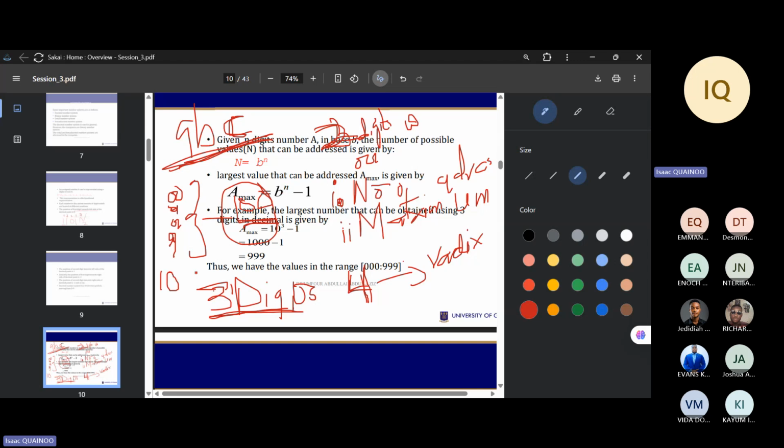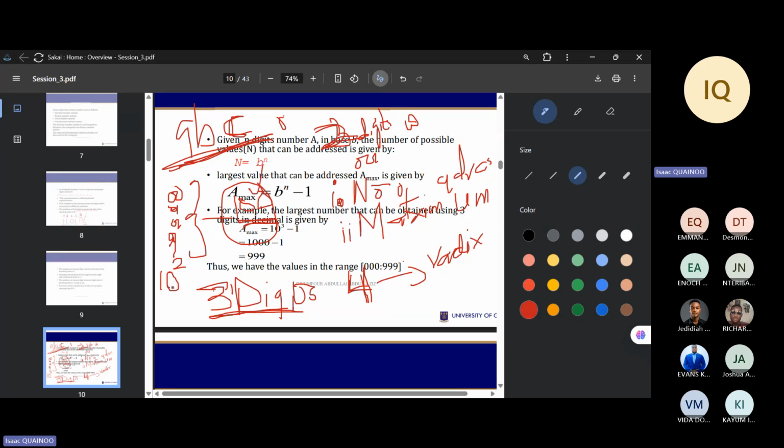The number of digits here is 2, which means it can be 00, 01, but the number of digits cannot be 3. So 10 raised to the power 2 becomes our 100 here.